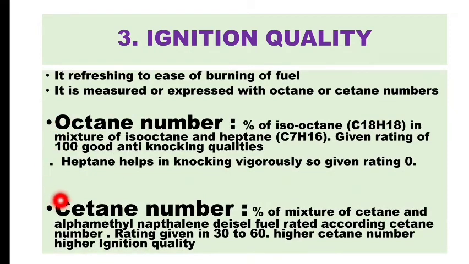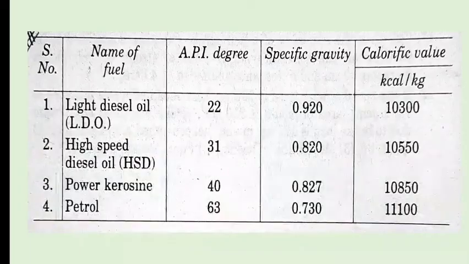Then cetane is a mixture of cetane and alpha methyl naphthalene. The rating is given from 30 to 60, and a higher cetane number gives higher ignition quality of the diesel. So it was about octane and cetane number.